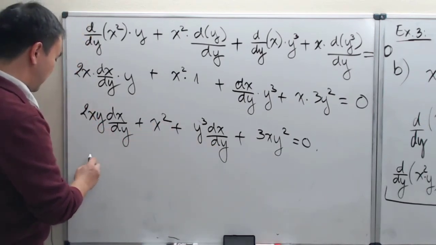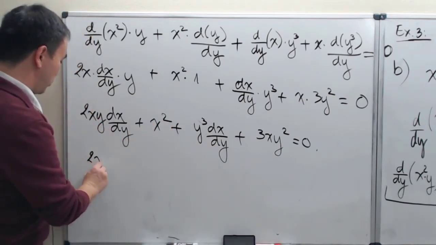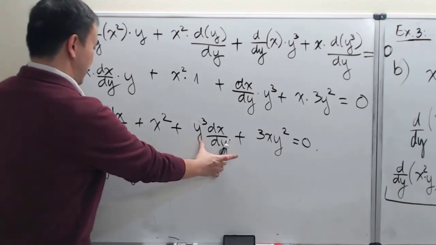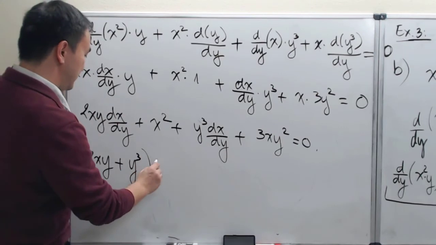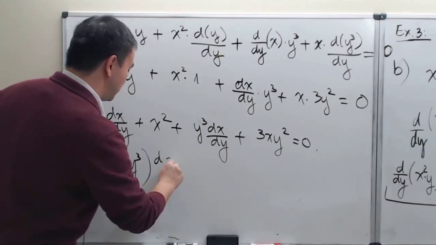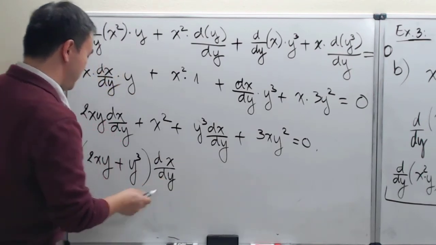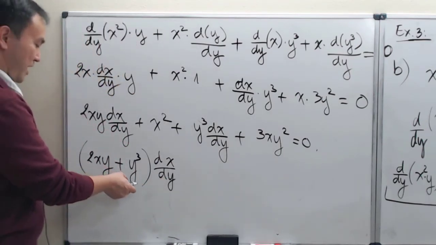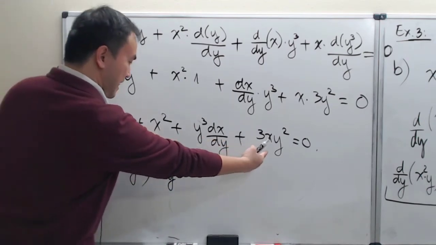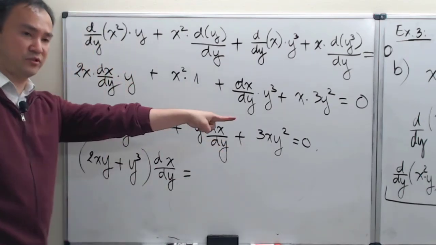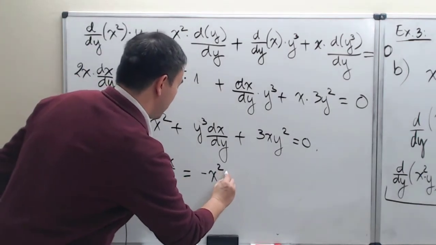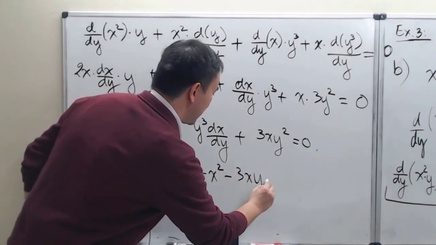So I'm going to be looking at 2xy plus y cubed, because these two terms right here, after factoring out the dx dy, so 2xy plus y cubed times dx dy equals all these non-dx dy terms. I'm going to bring them to the opposite side. So now it's minus x squared minus 3xy squared.